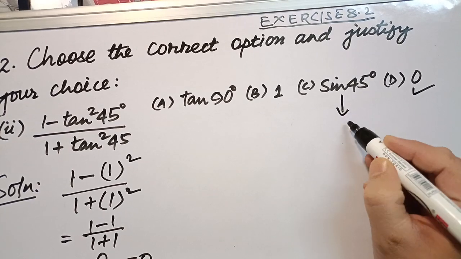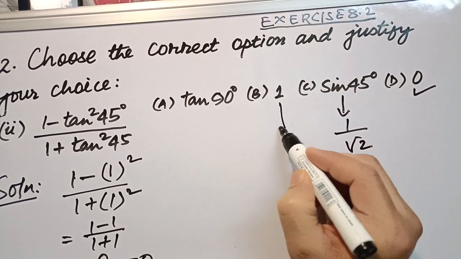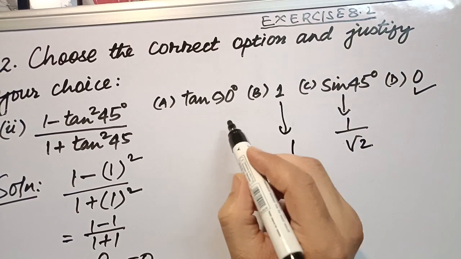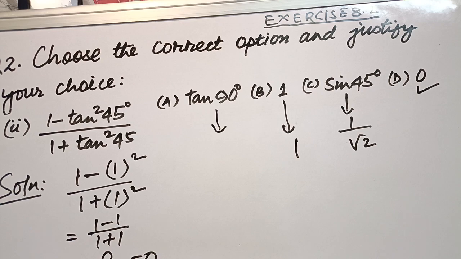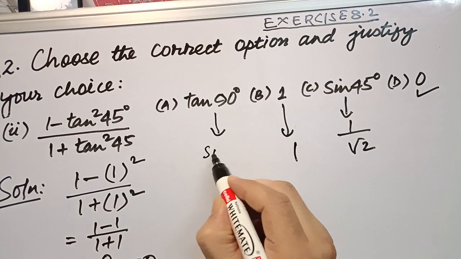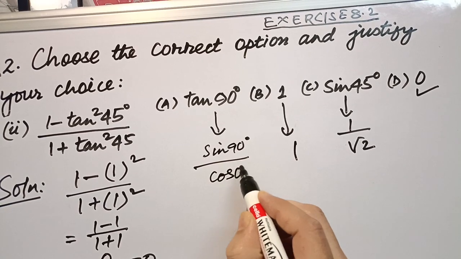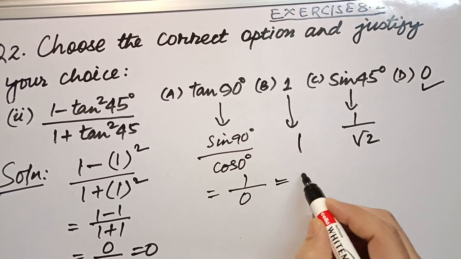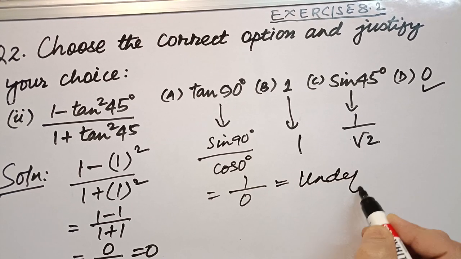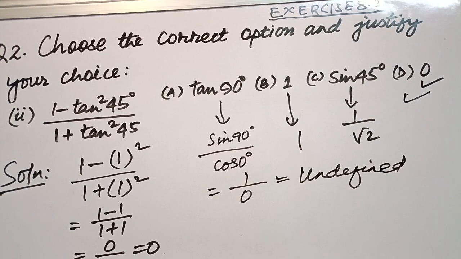For sine 45 you will get 1 by root 2, and 1 will be 1, and tan 90 will be sine 90 divided by cos 90, where sine 90 is 1 and cos 90 is 0, that is undefined. So the correct option is option D, that is 0.